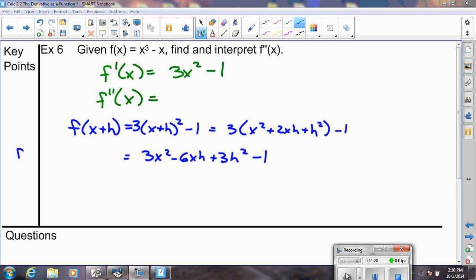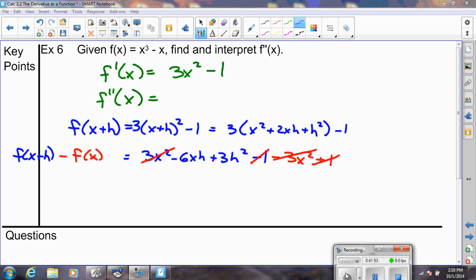Now if we took f of x plus h and subtracted f of x, that would give us subtract 3x squared, and subtract a negative 1 would be plus 1, which would give us some pieces that cancel, which gives us just those two terms in the middle.